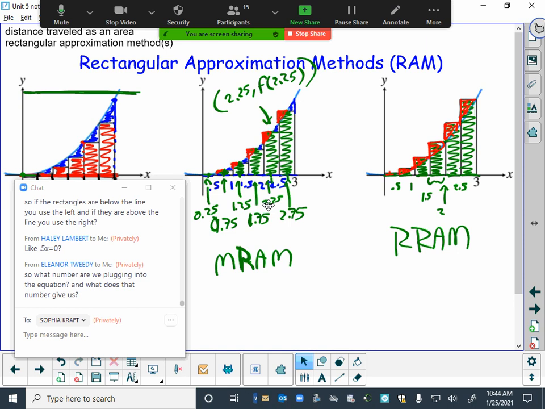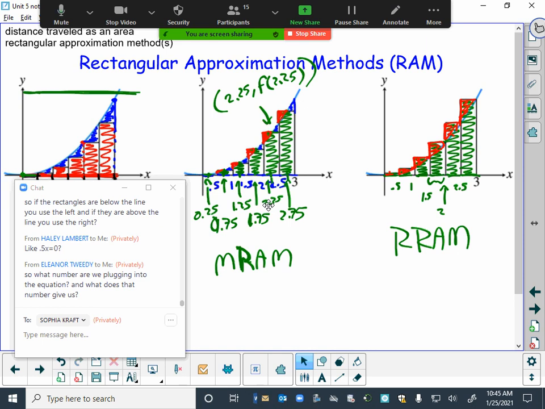And so if we make 6 equal-sized rectangles, then we know the base of all of our rectangles will be exactly 0.5. Because we're going from 0 to 3, that's 3 wide, divided into 6 rectangles. Each one of those is a half a unit wide. The other number we need for the areas of our rectangles is how tall they are.